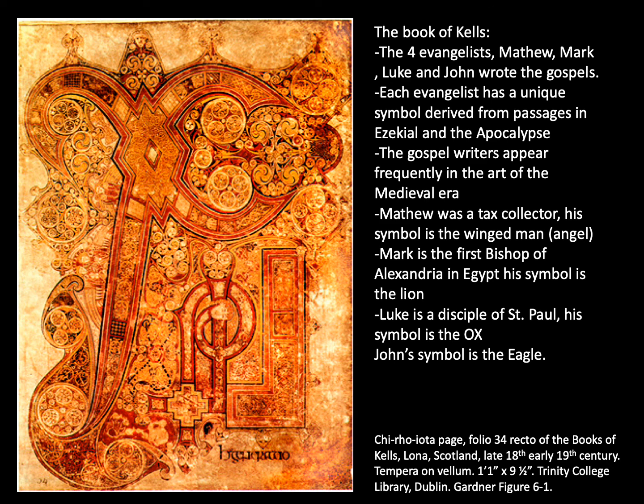I'm not an expert in Greek lettering, but I think that the Chi is the large P here. And then you can see the patterns within the Chi letter. There's some information at the side of the slide just to give you some background information about the gospel symbols.